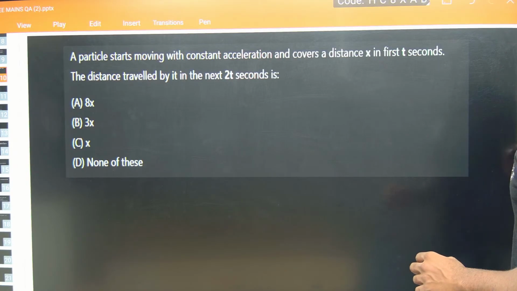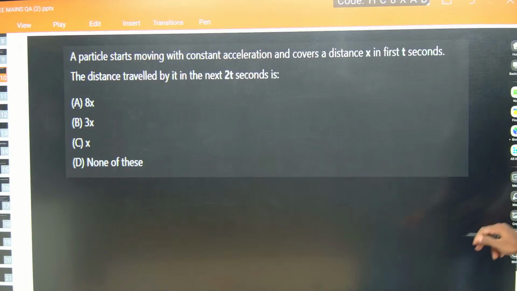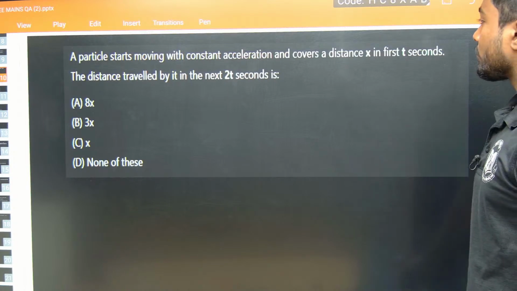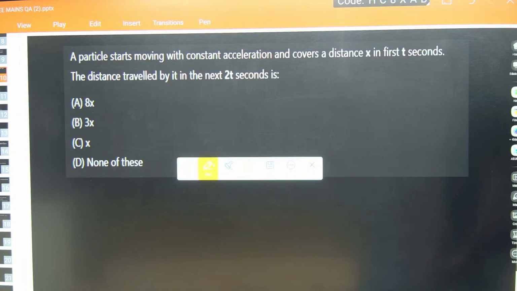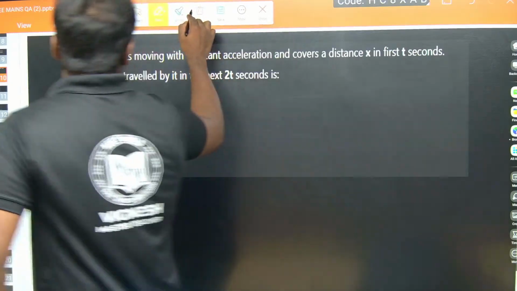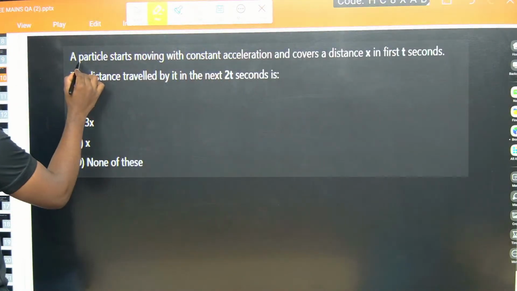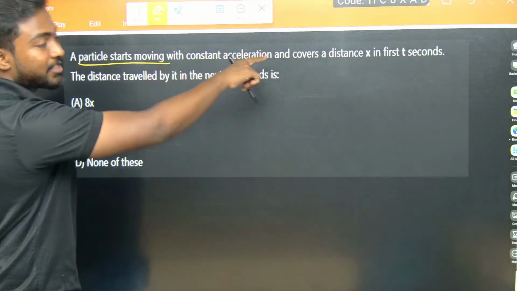So initially what they are saying: a particle starts moving with constant acceleration.